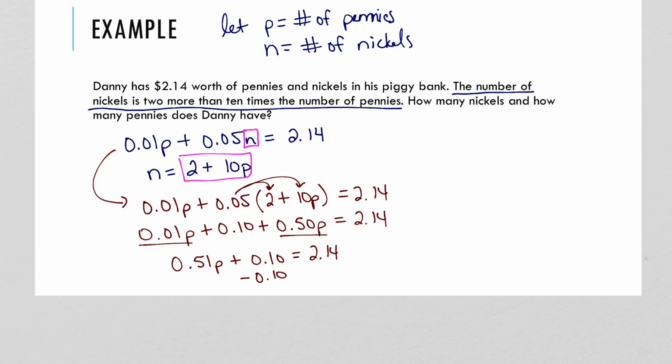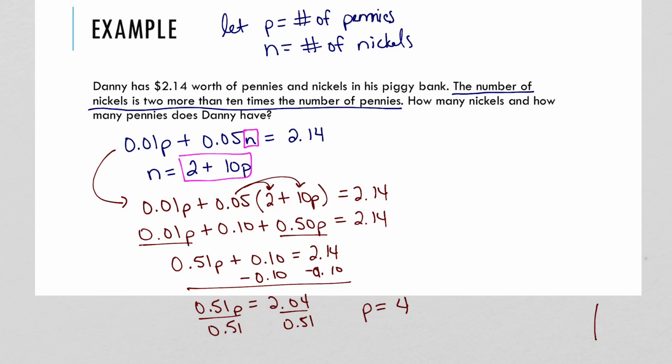Subtract 10 cents from both sides. And divide both sides by 51 cents. So I get that P is equal to 4. So what does that mean?